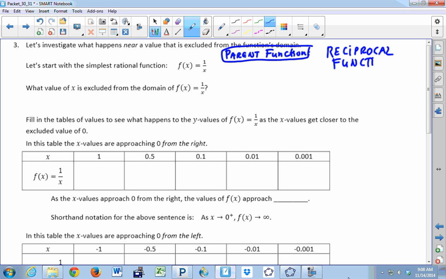So let's take a look at the domain, because we always have to be concerned about the domain with rational functions. So what's the domain of this function? I'm asking you the question, what's the domain, not what's the excluded value. If you were to write out the domain, what would you say?